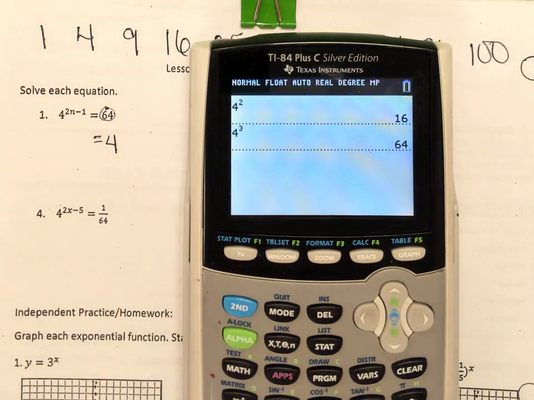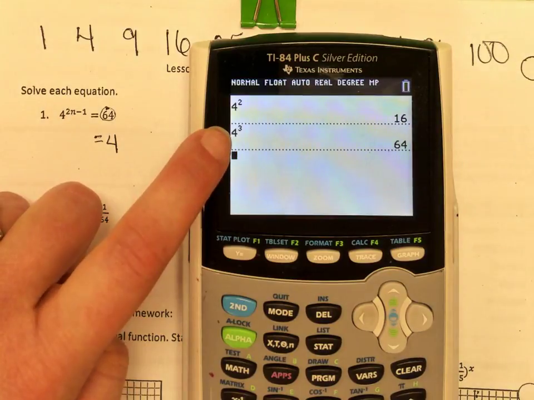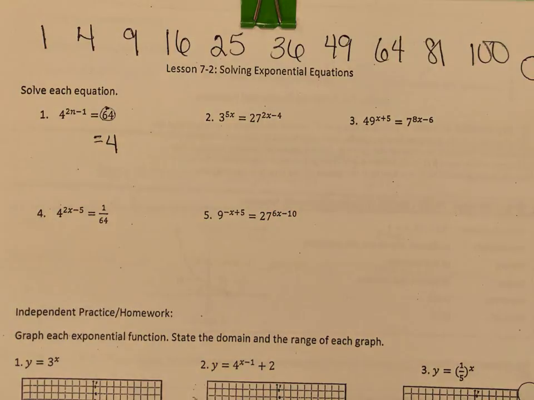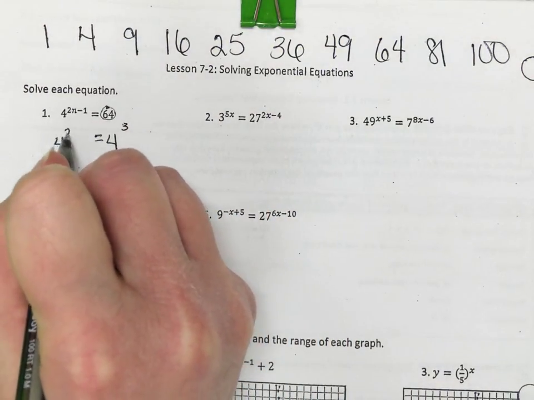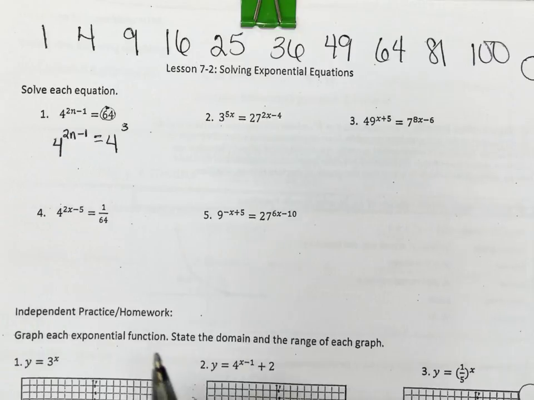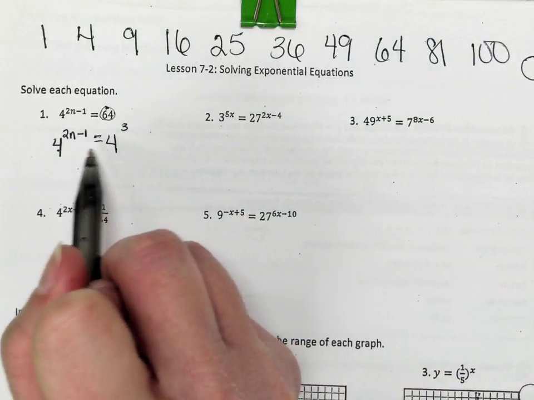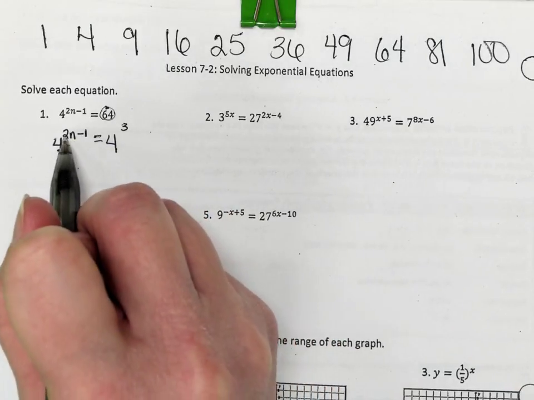Oh, there we go. So instead of writing 64, what can I say that means the exact same thing? 4 to the third, not 4 times 3, 4 to the third. Yep, 4 times 4 times 4. Okay, guys, now look, once you get their bases the same, you can set their powers equal. So what are their powers?